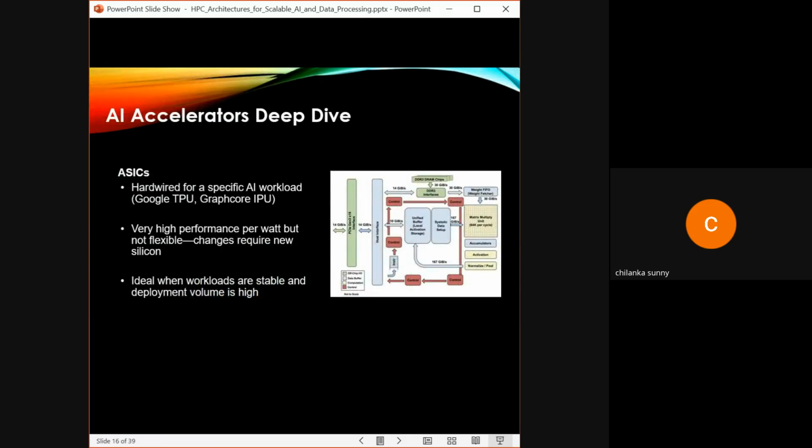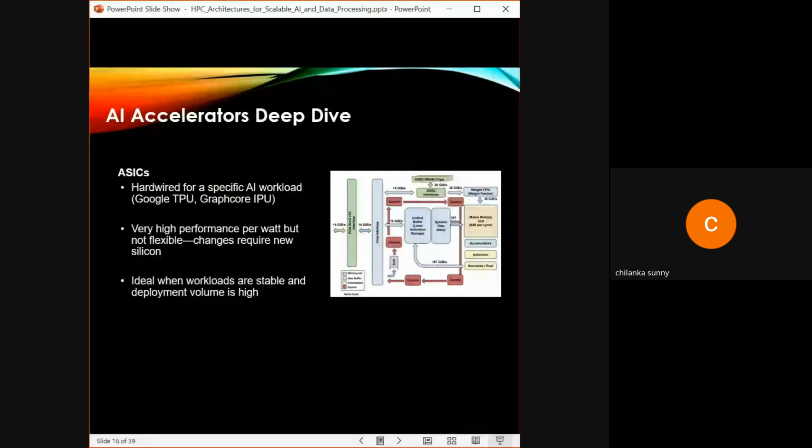Now come the ASICs, the application-specific ICs. These are custom chips built to run a narrow set of AI operations extremely efficiently, with great performance per watt but low flexibility. A popular example is Google's TPU, which centers on large systolic matrix multiply engines, or MXUs, that stream tiled activations and weights through arrays of MAC cells, backed by on-chip scratchpads or unified buffers and DMA engines to minimize off-chip traffic.